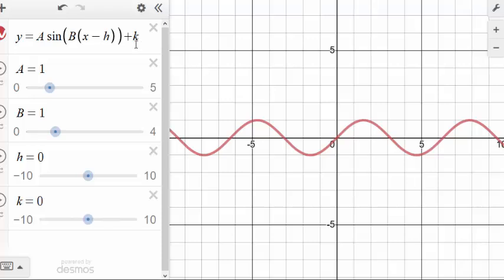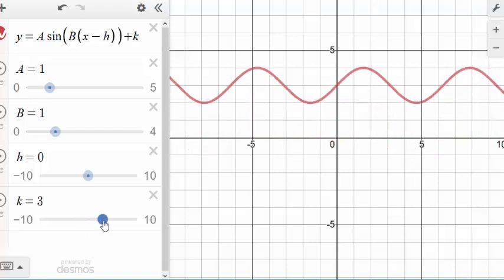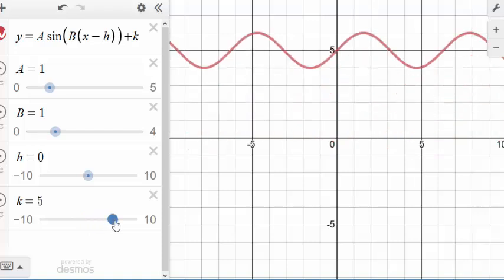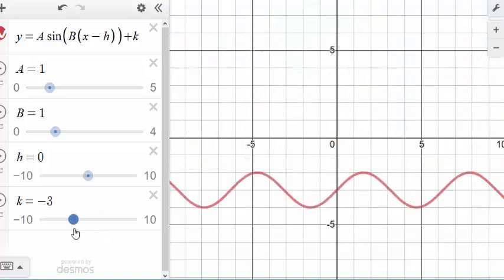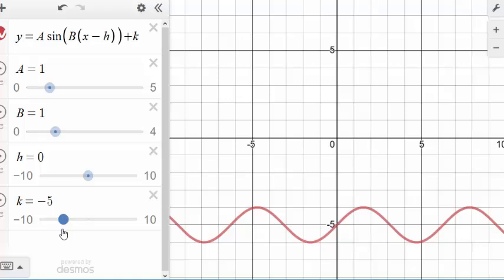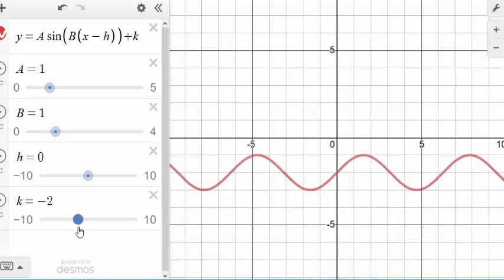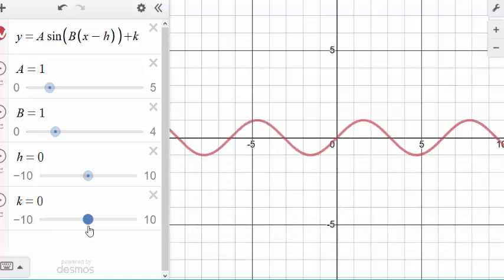That's just some outside value being added or subtracted to the function. As I alter k, it's going to shift the graph up if k is positive, and shift the graph down if k is negative. You're just shifting the graph vertically k units up or down.